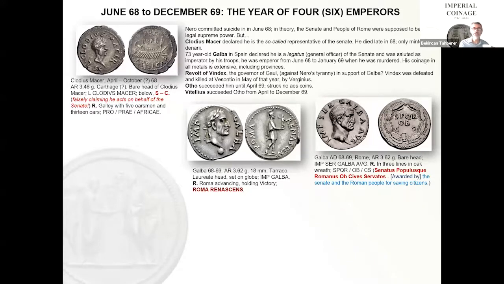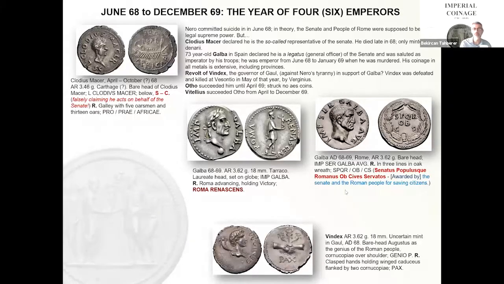At the same time, we see the revolt of Vindex, the governor of Gaul, against tyranny. Some historians would like to believe that his upheaval was in support of Galba, but unfortunately he was defeated and killed by Verginius, and Otho succeeded him until April 69.